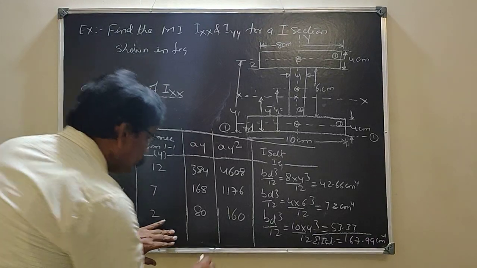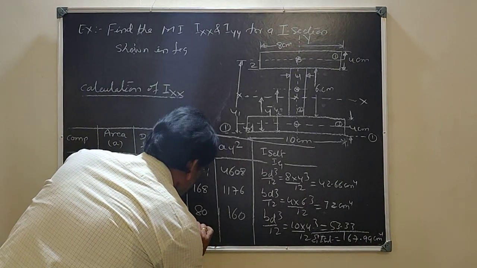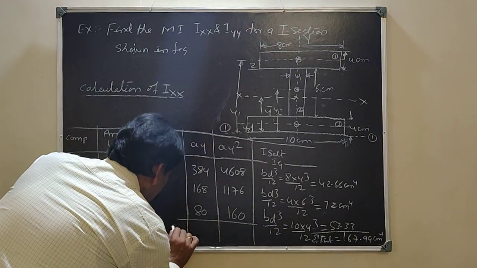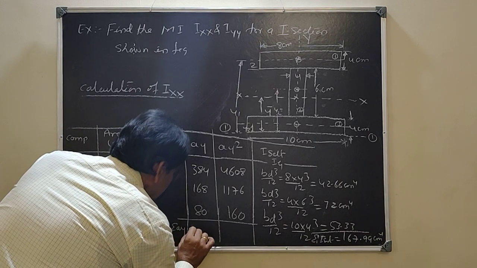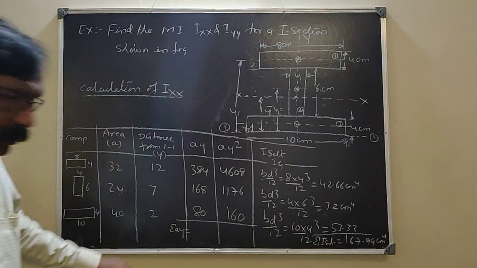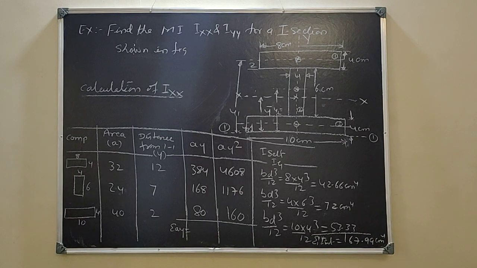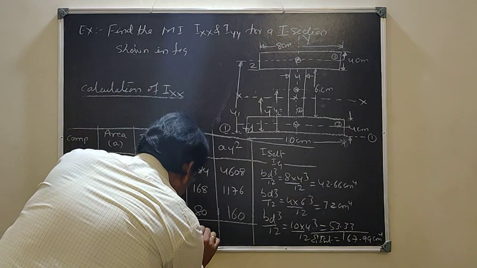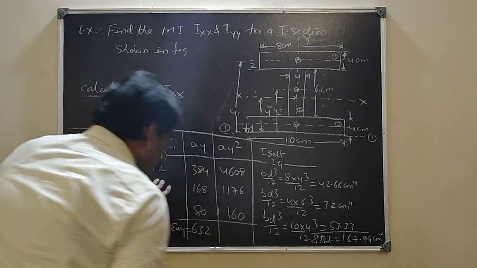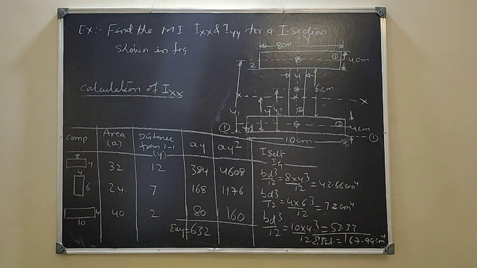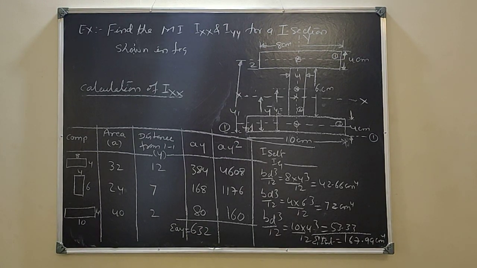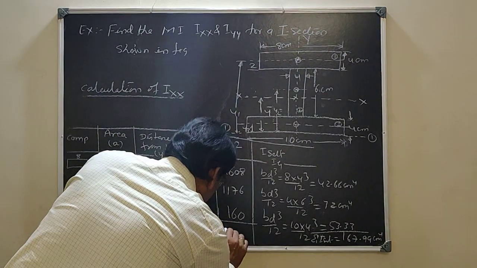Then comes sigma ay, which is equal to 632, and sigma ay square is equal to 5944.